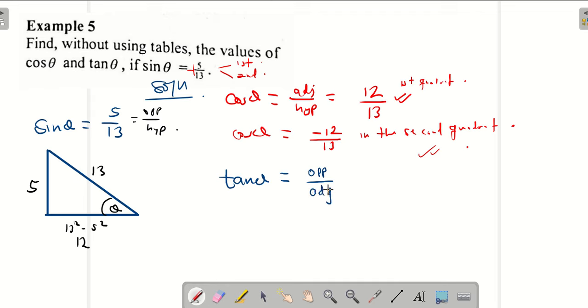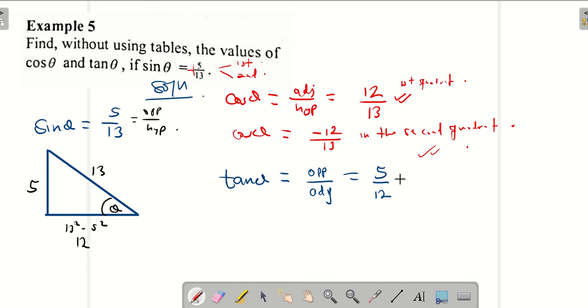Our opposite, as we know, is 5, and our adjacent is 12. So we have tan theta equal to 5 over 12.